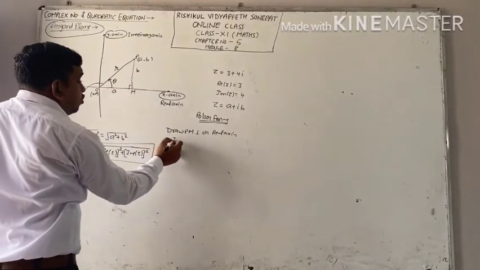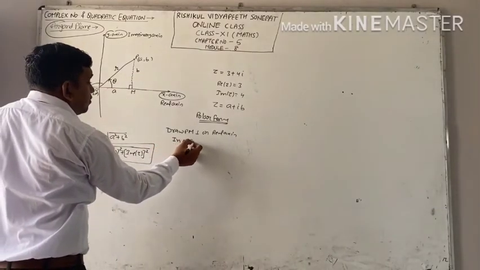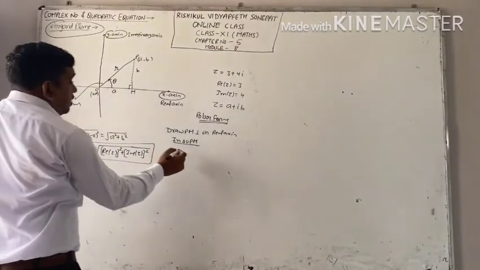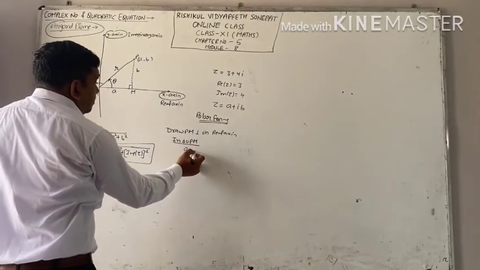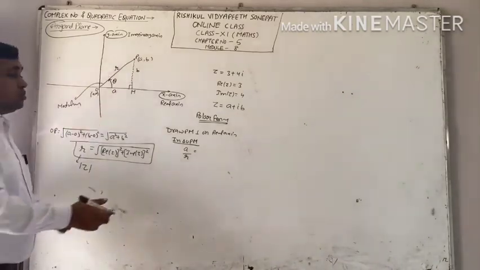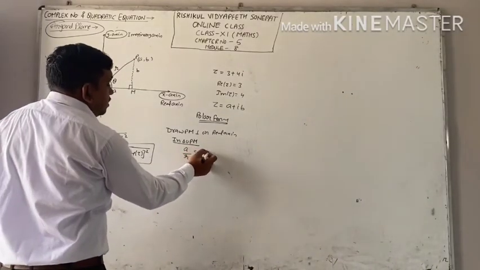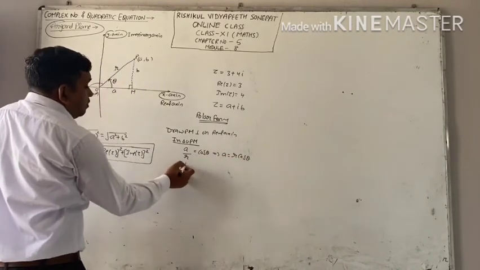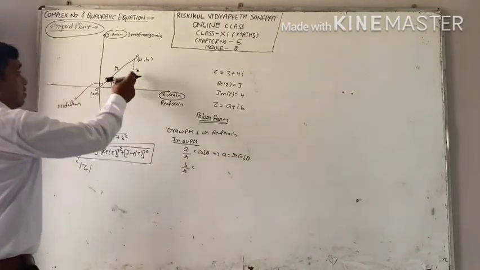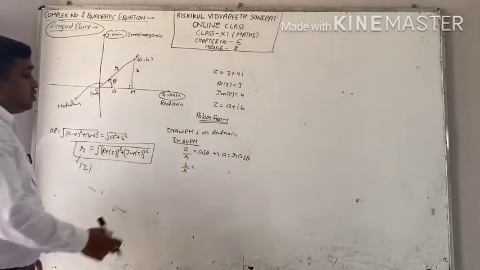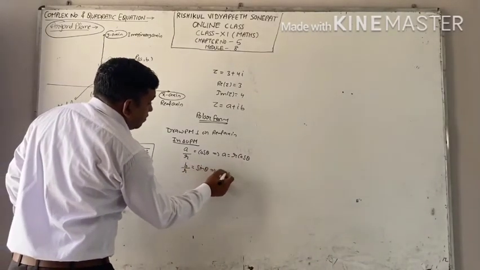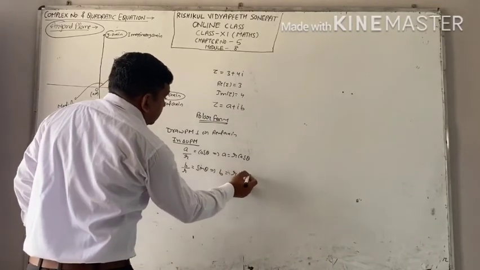Now in triangle OPM, see, a by r means base upon hypotenuse. This is your cos theta. This implies a equal to r cos theta. b by r: b is your perpendicular, r is your hypotenuse. Perpendicular upon hypotenuse is your sin theta. So b equal to r sin theta.